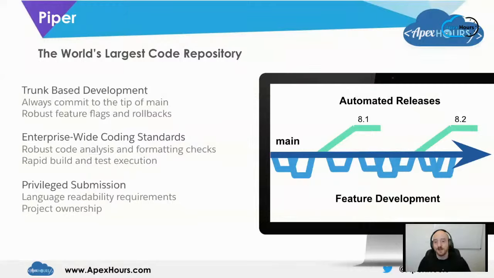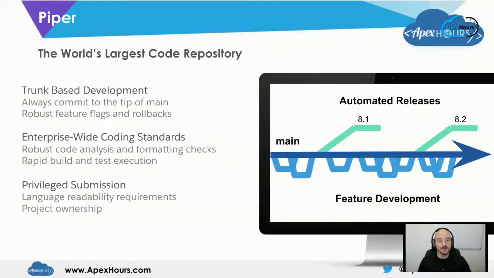When you're operating within Piper as well, there are enterprise-wide coding standards that are applied. So we have these really robust code analysis and formatting checks that are executed whenever somebody raises a proposed change. And then there's also this concept of privileged submission. This means that we have language readability requirements. For example, I'm a Salesforce engineer. That's my area of expertise.